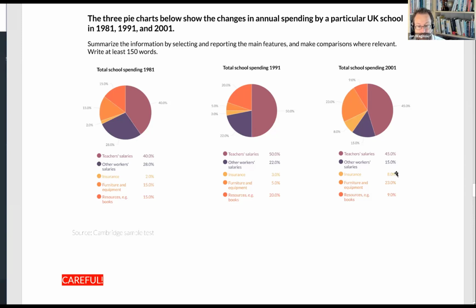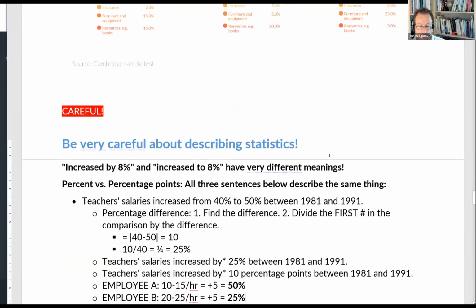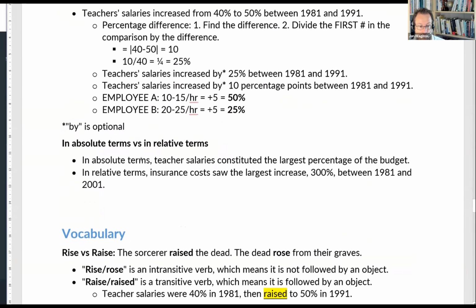So this is a 300% increase for insurance. So in absolute terms, teacher salaries constituted the largest percentage of the budget, but in relative terms, insurance costs saw the largest increase, 300% between 81 and 2001.